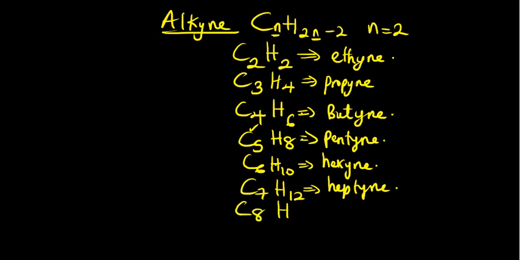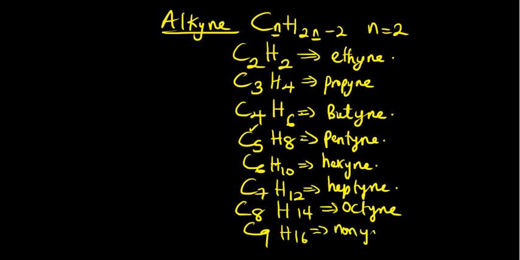C8, H14. That will be octyne. Then we go to C9, H16. That will be nonyne. Then C10, H18. So that will be what? Decyne. So this is how we do it. Hope you understand.